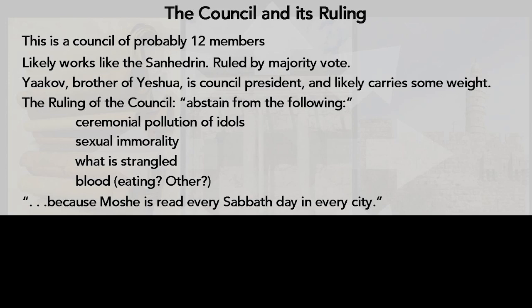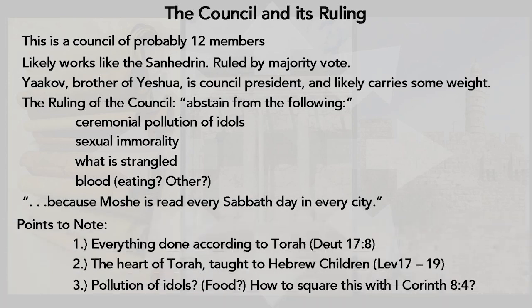So let's take a little bit of further look at this. Points to note. Everything is done according to the Torah. If you look in Deuteronomy 17, I just encourage you to take a look. It says, if any disagreement arises among you, what are they supposed to do?